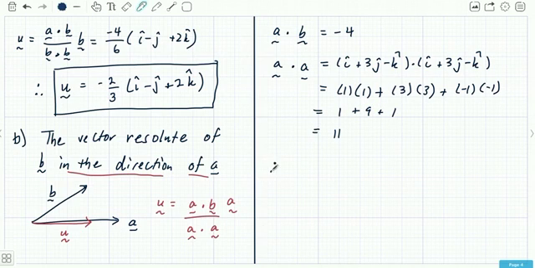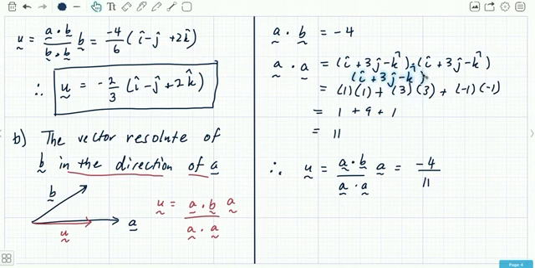So for our u, it's going to be A dot B on A dot A times A, which equals -4 on 11 times A, which is simply this vector here. In this case, there's not really much you can do in terms of simplifying, so I'd leave it like that. So that's our vector resolute of B this time in the direction of A.